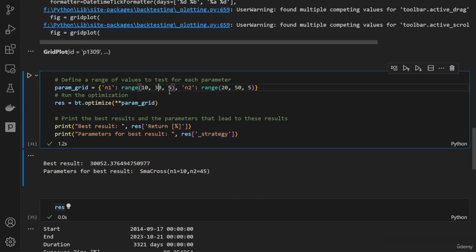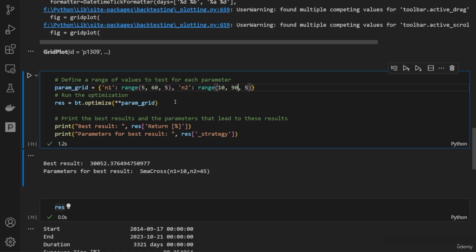Of course, we can expand our grid. Instead of from 10 to 30, I'm going to put from 5 up to, I don't know, 60 in this case. And here, instead of 20, I can start with 10 up to 80 or 90 with a step of 5.